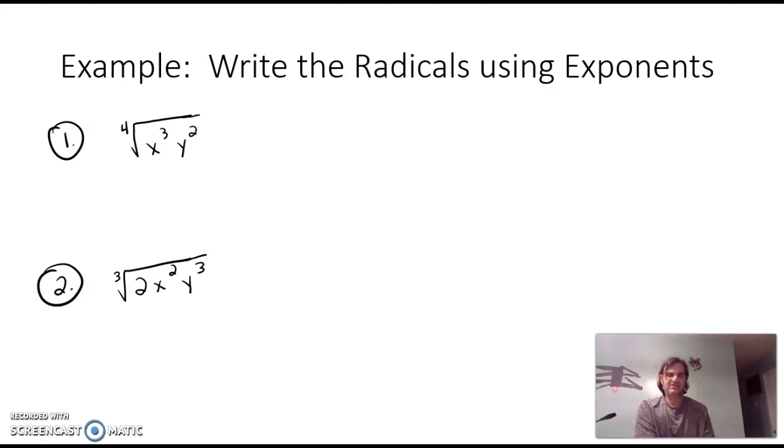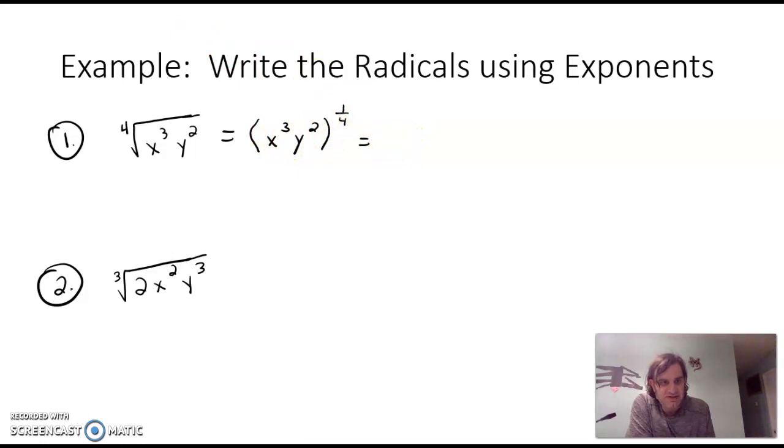So the first one is the 4th root of x cubed y squared. If we want the long story here, we can say this is x to the 3rd y squared, to the 1/4, because that's the 4th root, and we can write the 4th root as an exponent. And now because everything's in exponent form, we can use our power to power rules.